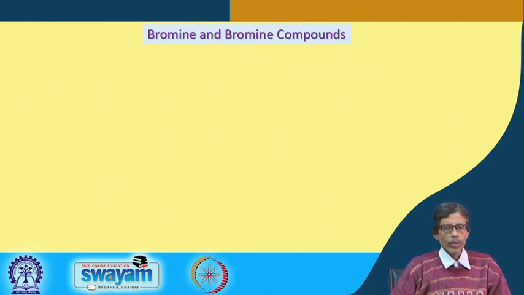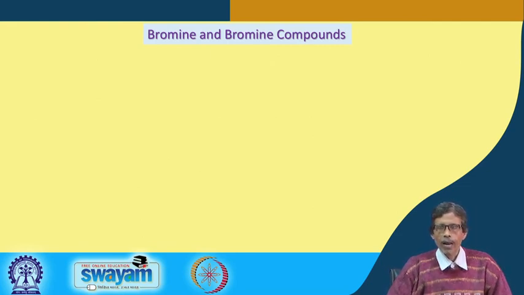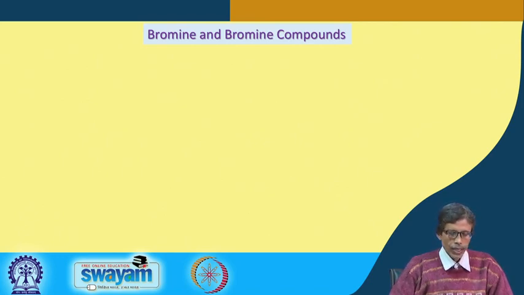So after chlorine and the chlorine oxygen based compounds, we can move to bromine and bromine based compounds, because bromine is also a very useful halogen industrially. Bromine is a very good source from seawater, where it is present as bromide salts like sodium bromide itself.